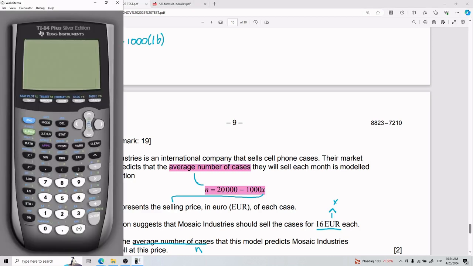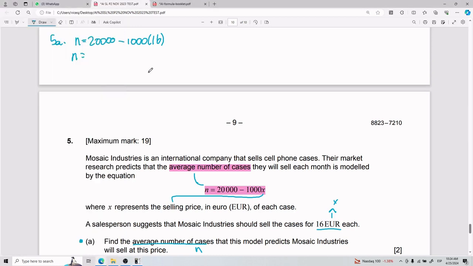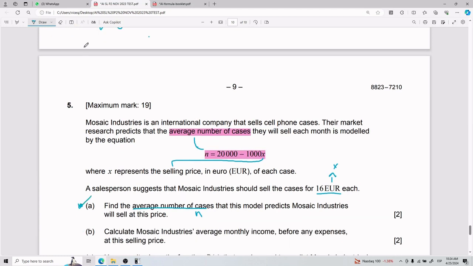And if you plug all of this into your calculator, you're going to see that 20,000 minus 1,000 times 16 gives you 4,000. So N equals 4,000. So for 5A, we're going to say that at this price of 16 euros each, N equals 4,000.